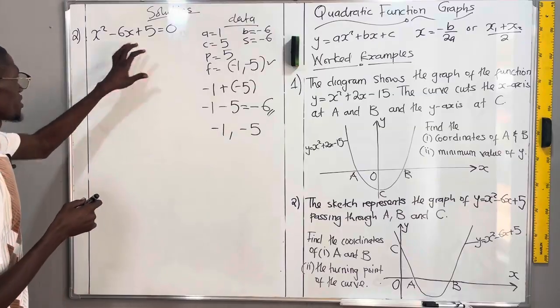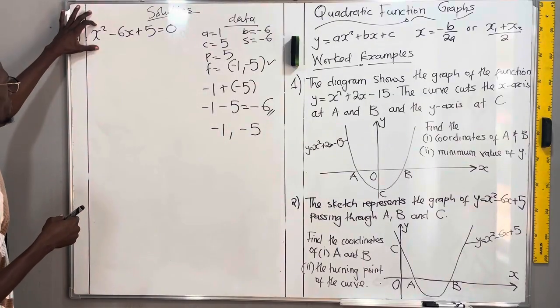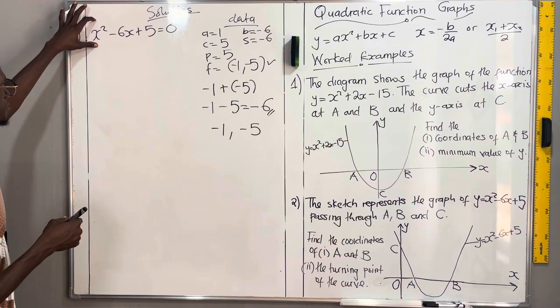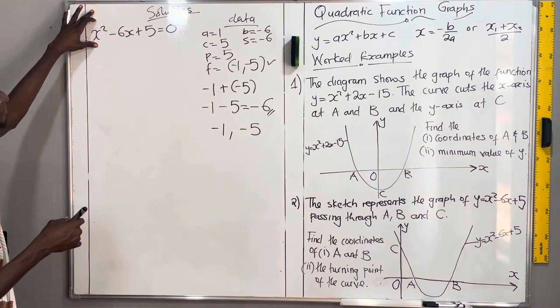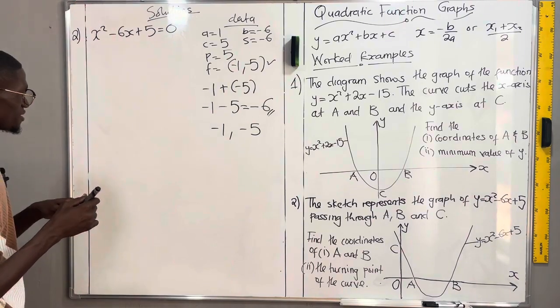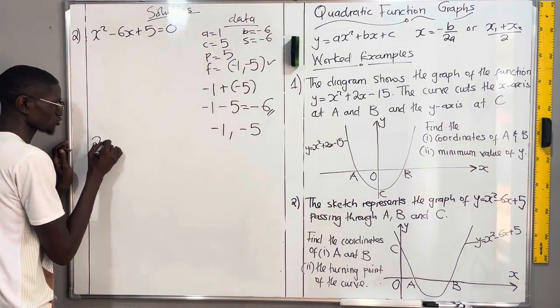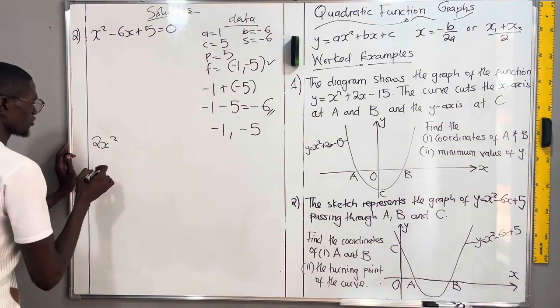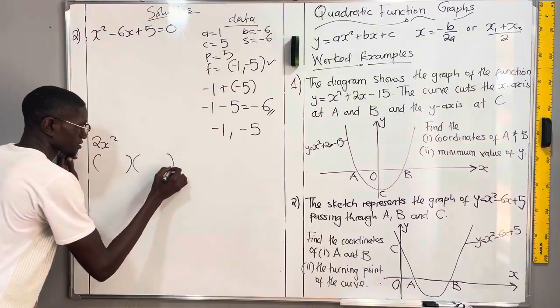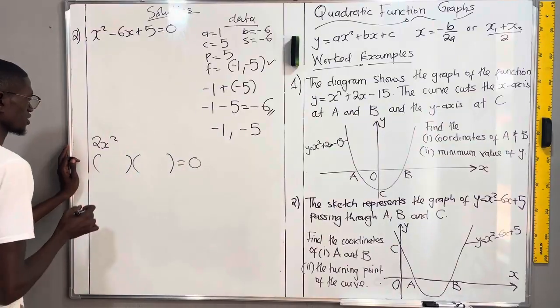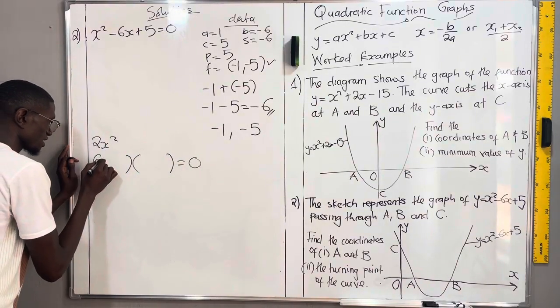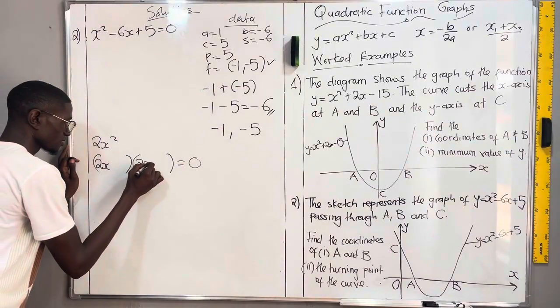So we'll come back now to the equation. Here we check, we have x squared. Let me give you a disclaimer. In case your equation has something like, for example, 2x squared, when you come up with these double brackets and you equate them to 0, you have to include the coefficient there, 2x, 2x.